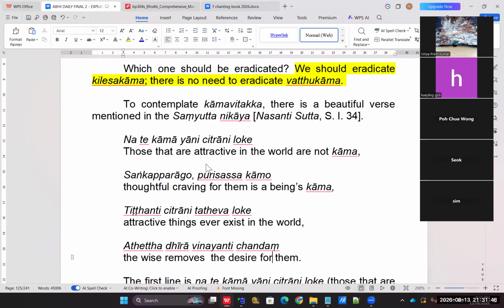Sankapa Rago, Purisasa Kamo. Thoughtful cravings for them is a being's Kama. Titanti Chitani Tateva Loke. Attractive things ever exist in the world. Ateta Dira Vinayanti Chandan. The wise remove the desires for them.